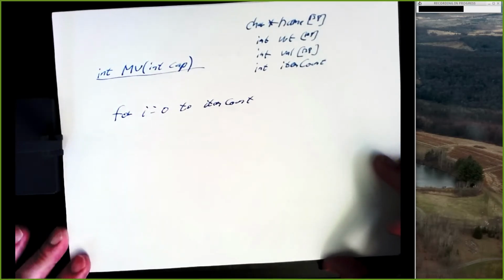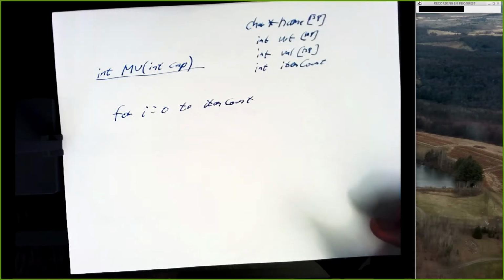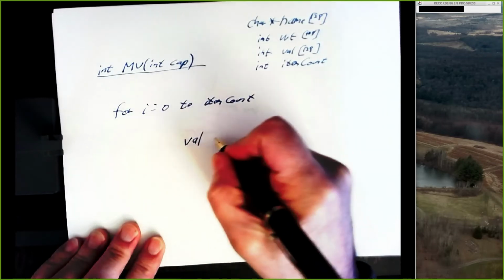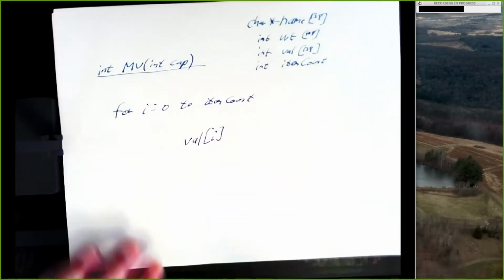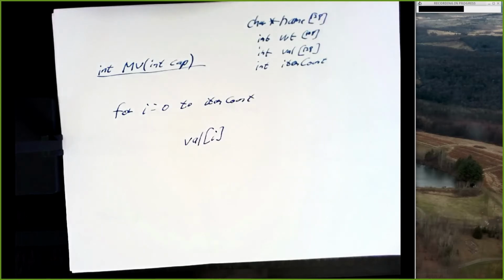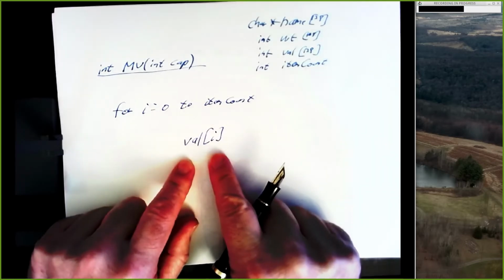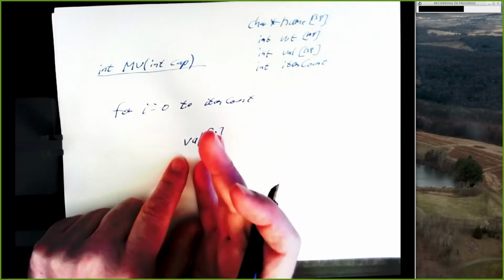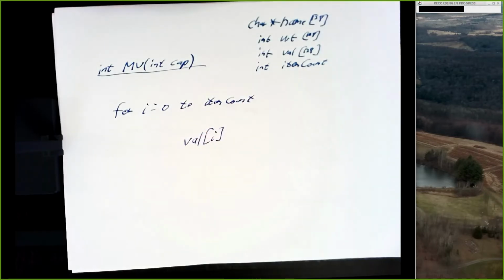And for each of these items, we want to say, okay, if we put that item into our bag, we have the value of that item available to us now. And so we know we've got at least this much value from the bag, right? We start with an empty bag. If you put in item I and it's worth $5, we've got $5 worth of stuff in the bag.